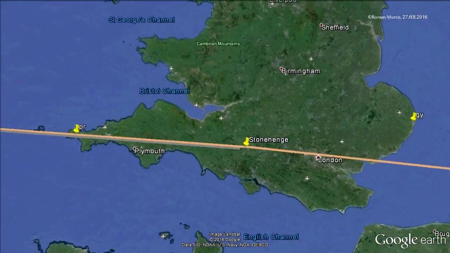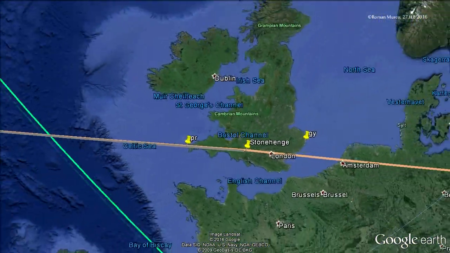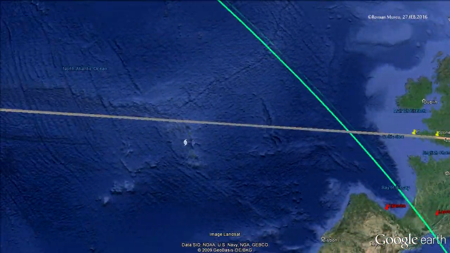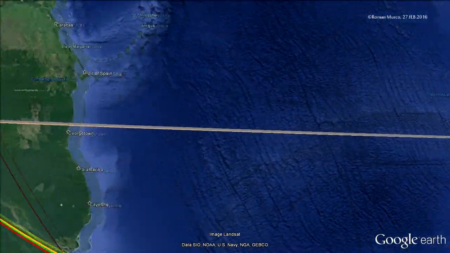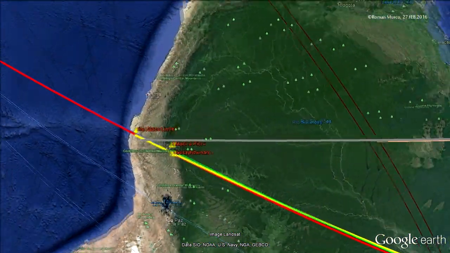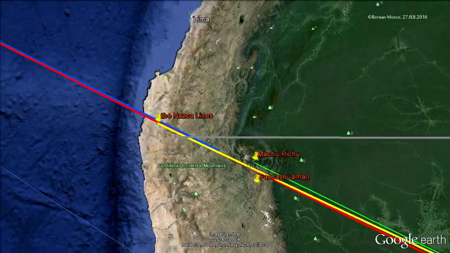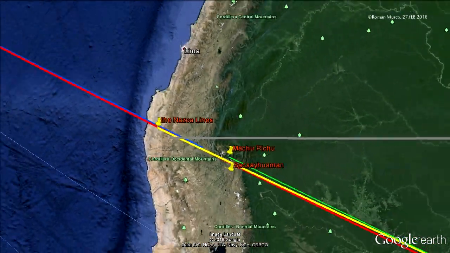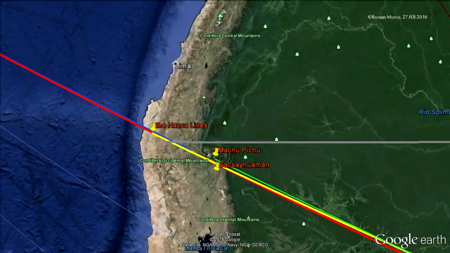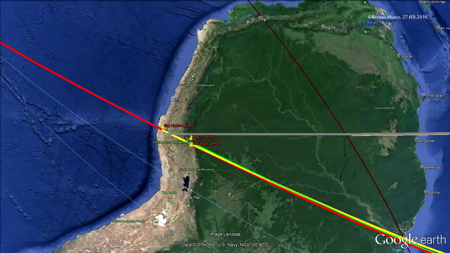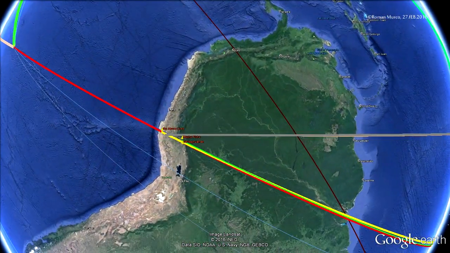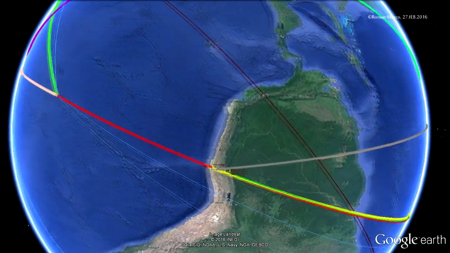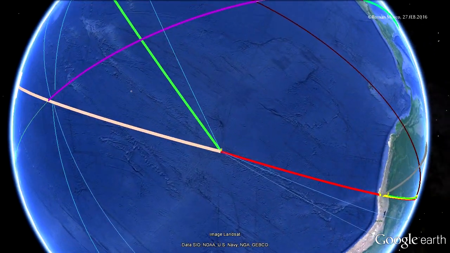So from Stonehenge to Nazca, it's 10,000 kilometers. That means Stonehenge is exactly in the middle of this path, and there's no way it's a coincidence.